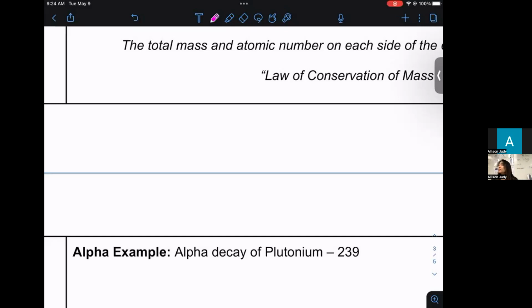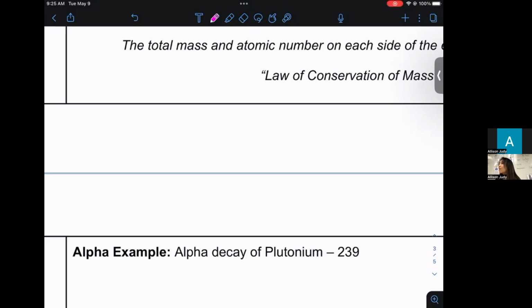Okay. So can you tell me a little bit about alpha and what particle is emitted? What is the type of high energy particle or radiation emitted from each? Jennifer, could you tell me what alpha always emits?